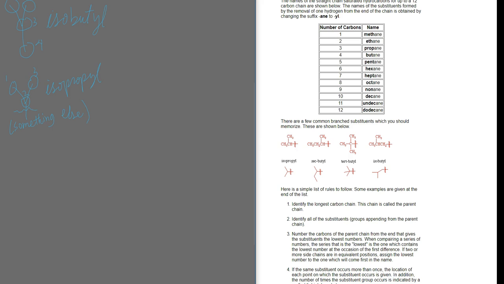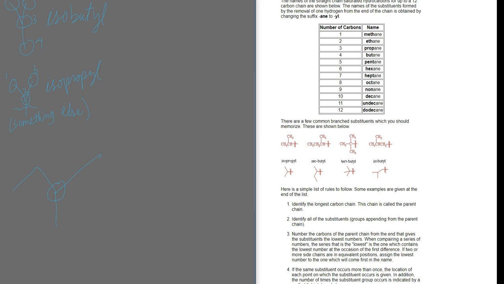And let's also talk about why something is called sec and tert. I'm not quite sure why something is called iso, but if you know, please feel free to share. That would be great. But for sec and tert, that is actually something pretty obvious. It's connected at this point.